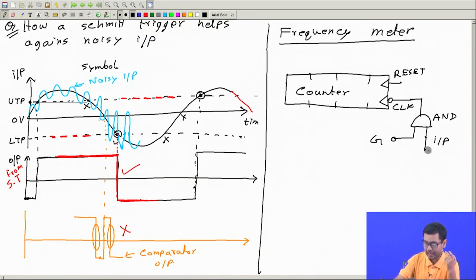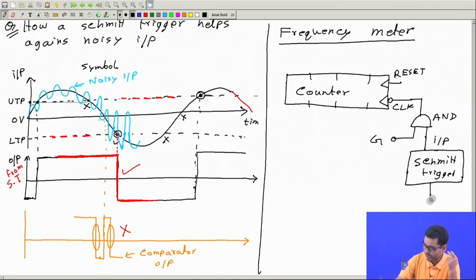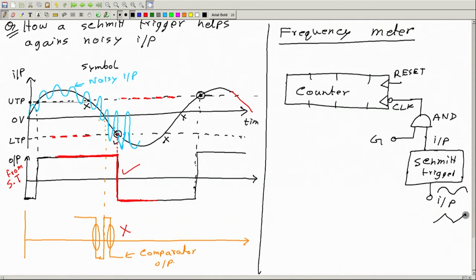Now instead of applying the input directly here, we will have the Schmitt trigger before it. So the input actually will be here. So here we can give sine wave, triangular wave.